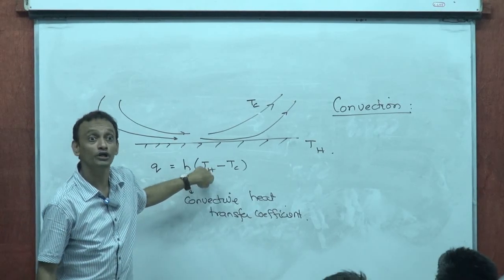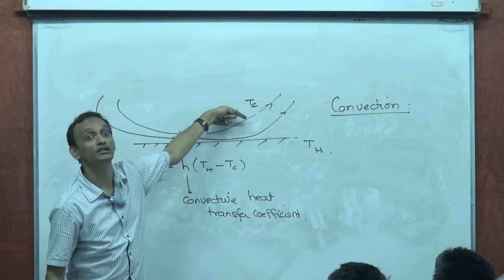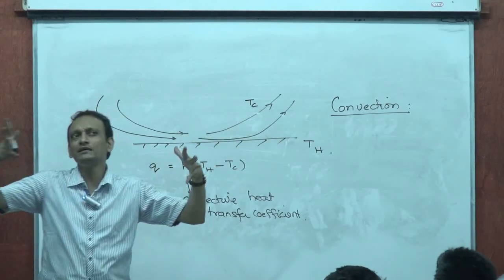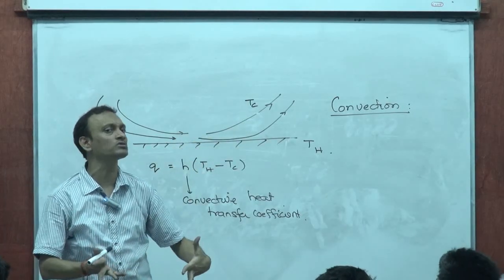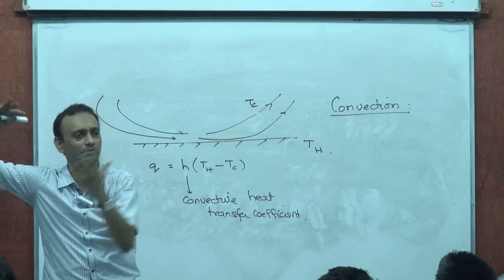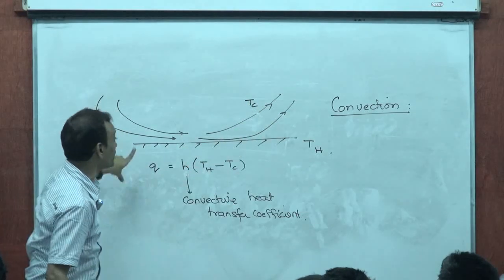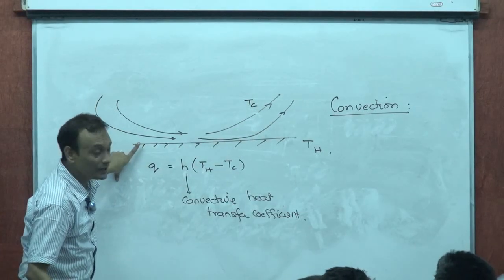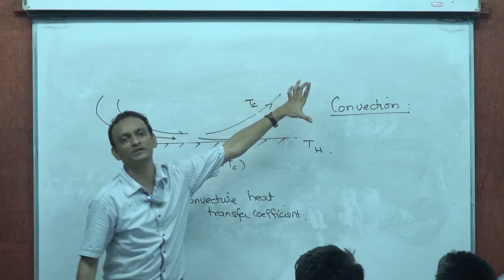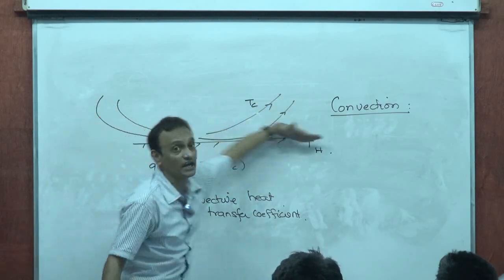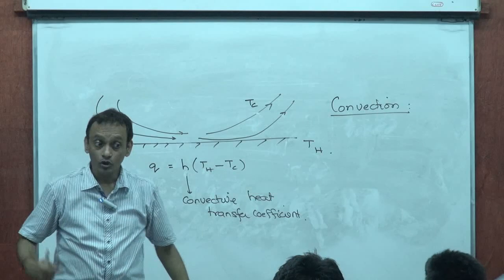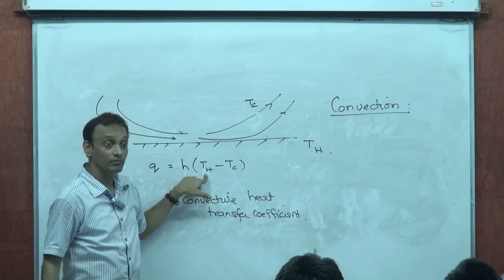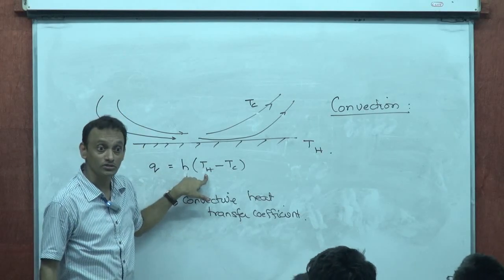It will depend on Th as well as Tc. Now, Tc can be assumed to be practically constant. Let's say there is a huge volume that I'm making to flow, but Th can't be constant, right? This is a huge mass whose temperature does not vary, but this Th will certainly vary, and this H actually will vary with Th.